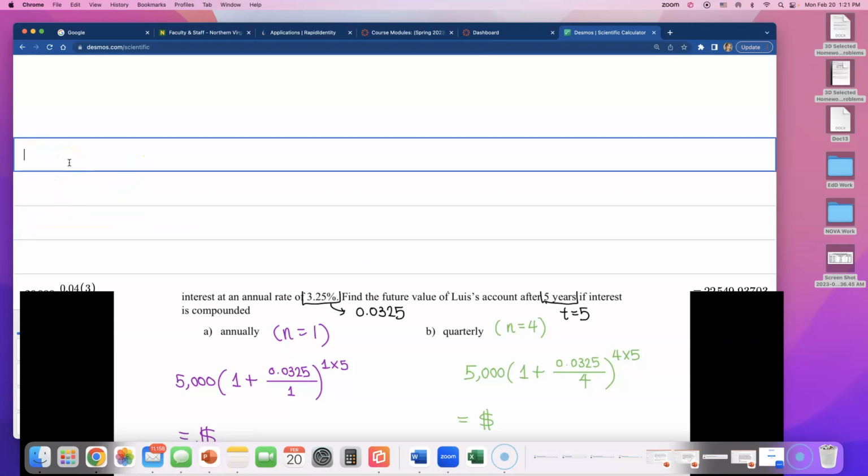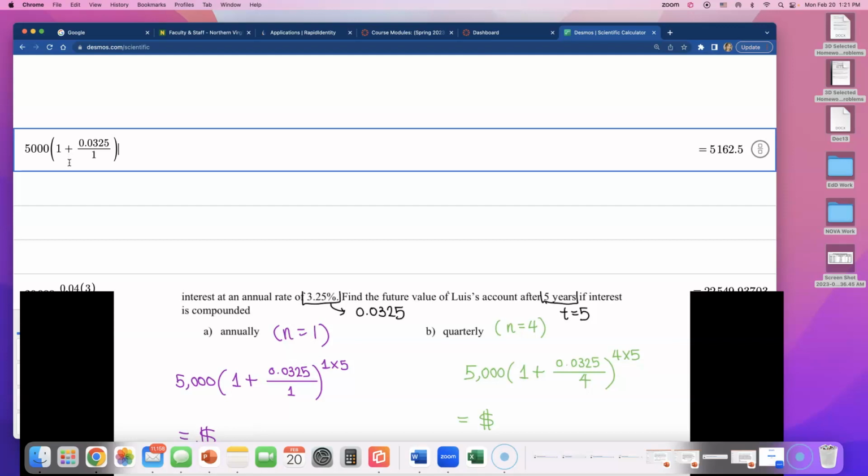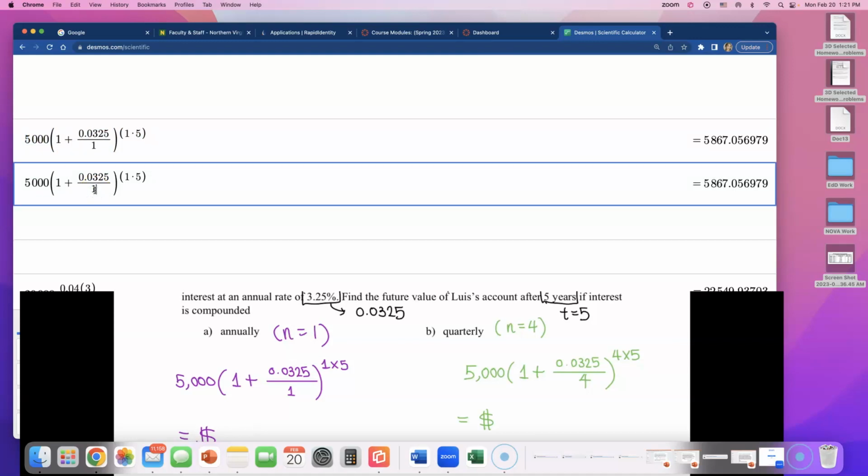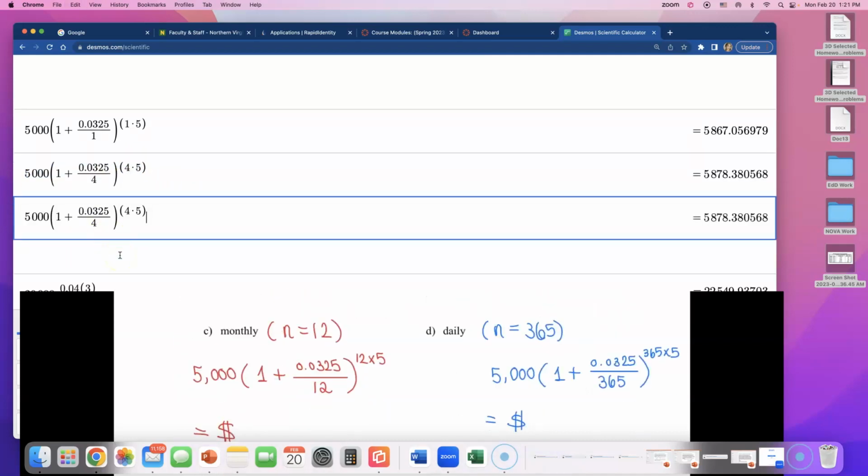Okay, so first one, 5,000 times 1 plus 0.0325 divided by 1. I know, raised to the 1 times 5th power. So that's the answer for the first part. And look, I'm going to copy it. Just change the denominator to 4 and 4. So that's the second answer. The third case was what? Monthly, right?